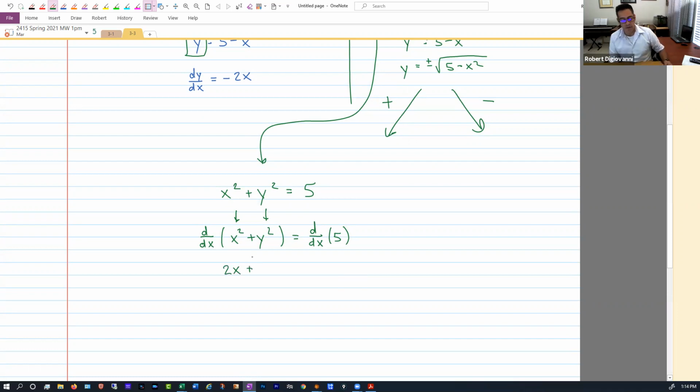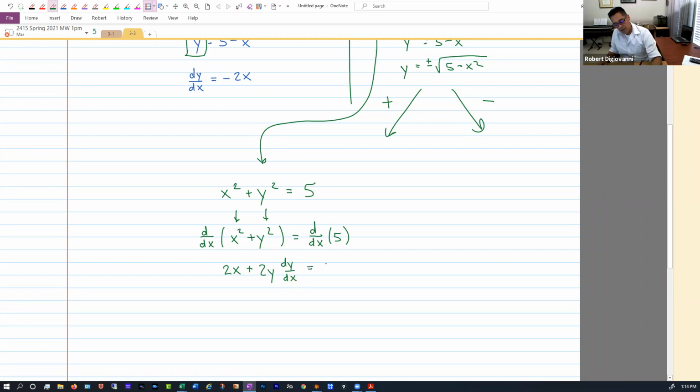What about the derivative of y squared? This was the one where you had to pay attention to what's going on. So what's the derivative of y squared with respect to x? 2y dy dx. Good. That's us using the power rule, the 2 coming down, y to the first power, but then you have to take the derivative of y with respect to x, which is your y prime or your dy dx.